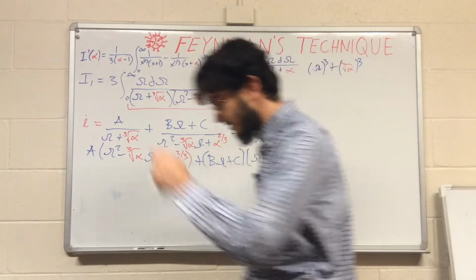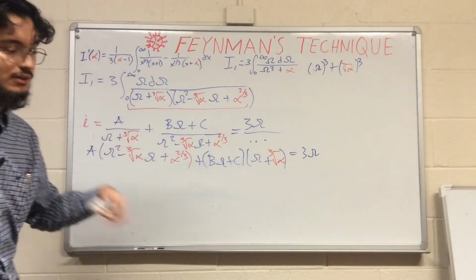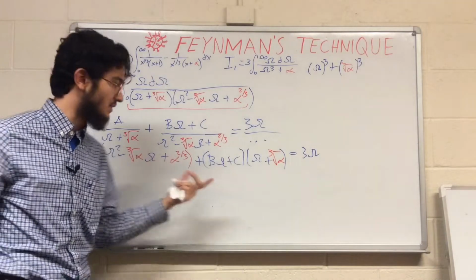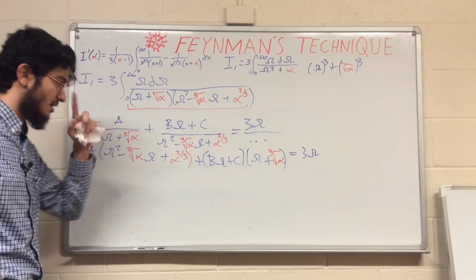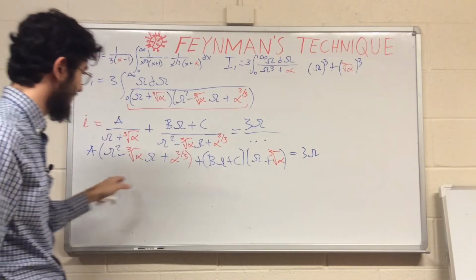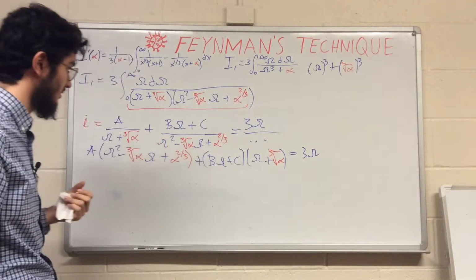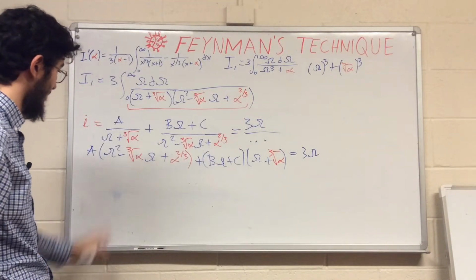Now we do the commonly done thing, which is to expand this as a polynomial in terms of omega.